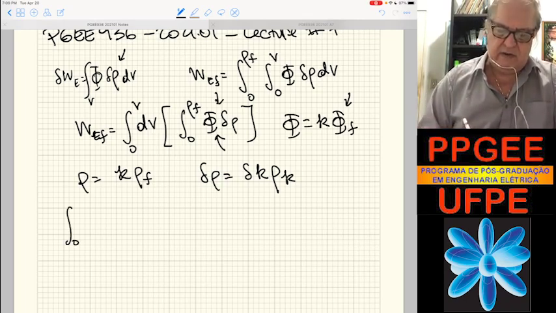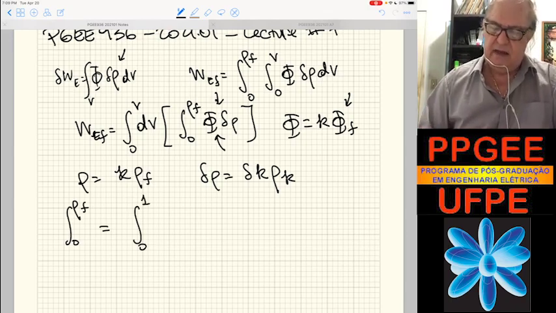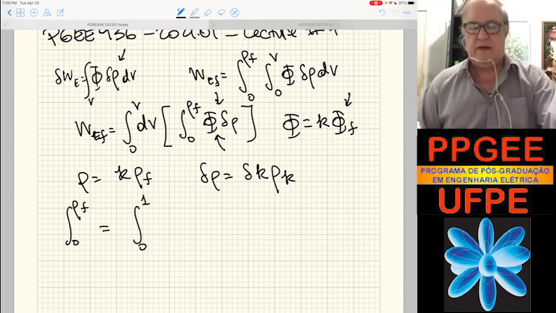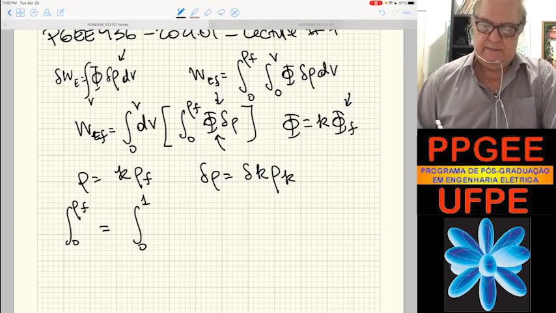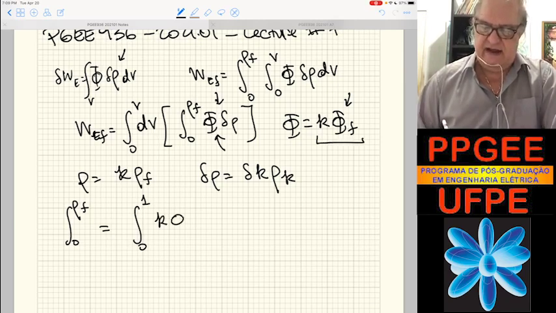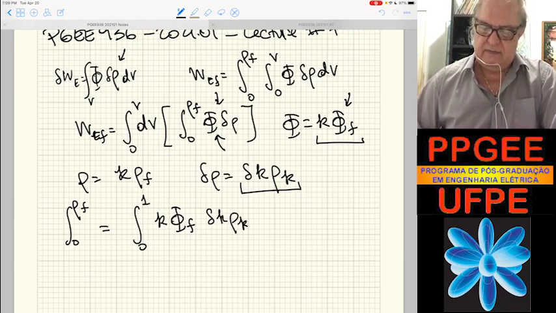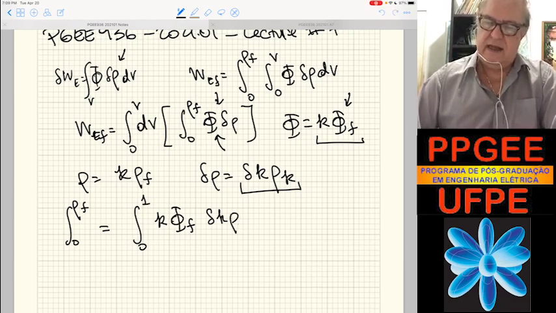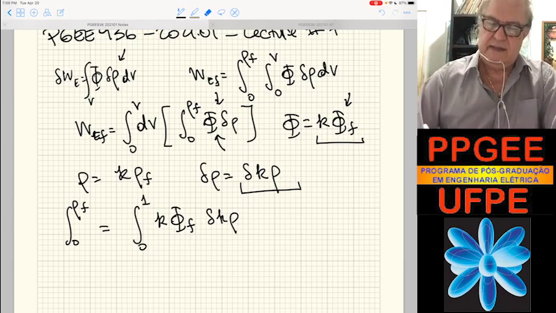So the integral can be written like this, integral from 0 to 1. Now I change the variables, right? Then you have phi, which is k phi f. Delta rho is delta k rho f. This is not a k here. Sorry about that.